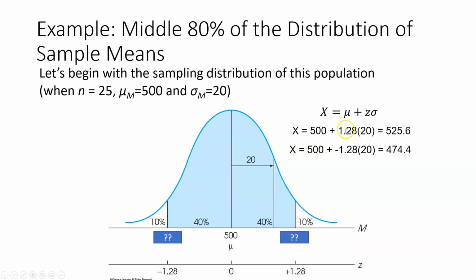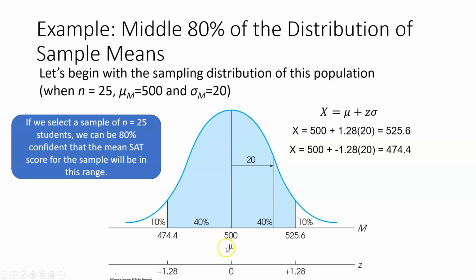We plug both positive and negative 1.28 into our formula, along with the mean and the standard deviation, and we compute both of these scores here as 474.4 and 525.6. Those are the scores that capture the middle 80%, and we can be 80% confident that if we draw a mean of a sample of SAT scores, that mean will be in the range here 80% of the time. We're 80% confident that the mean will fall within that range.